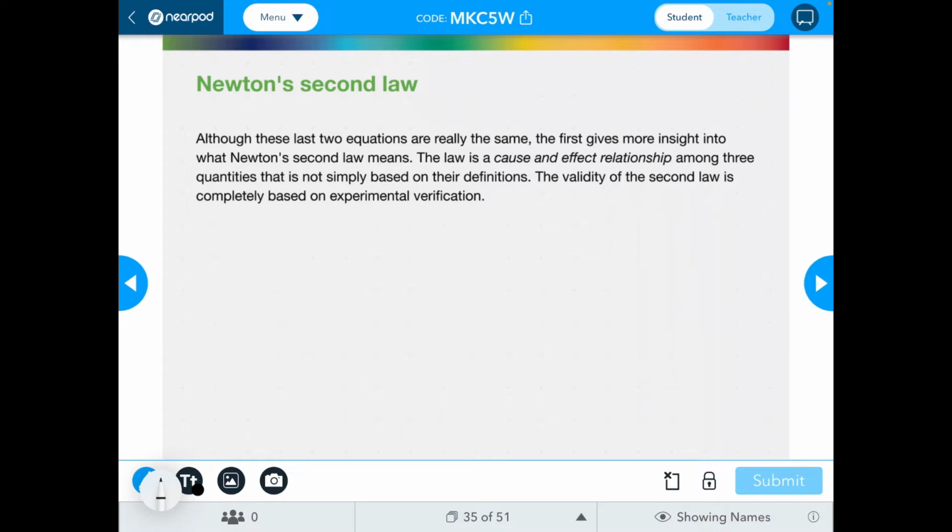when we graphed the data from that cart, the y-axis was force, the x-axis was acceleration. Slope of that line was the mass.